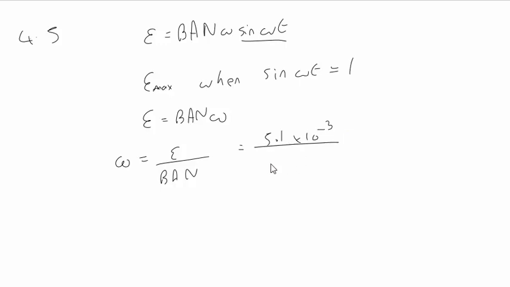The magnetic flux density 0.38 Tesla. The area is 32 millimeters squared. And the number of turns is just 1. This gives an answer of 13 radians per second.